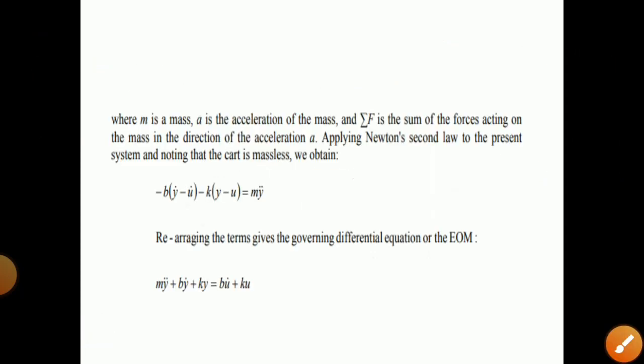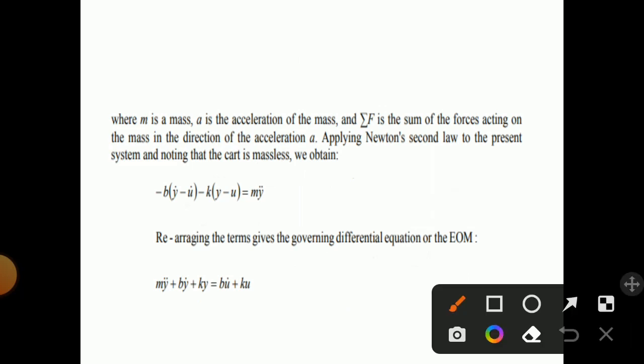The same thing is written here. This is the damping force and this is the spring force. Both act in one direction and are equal to the mass into the acceleration of the mass.